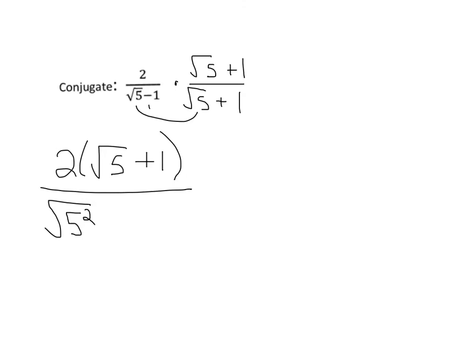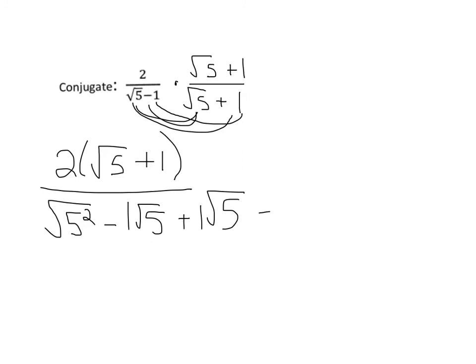And then we would have minus the square root of 5, 1 times the square root of 5. Then we would have 1 plus 1 times the square root of 5, positive. And then our last term would be negative 1 times 1, which gives us a negative 1 squared. Simplifying this down, we can distribute the 2 to both pieces.